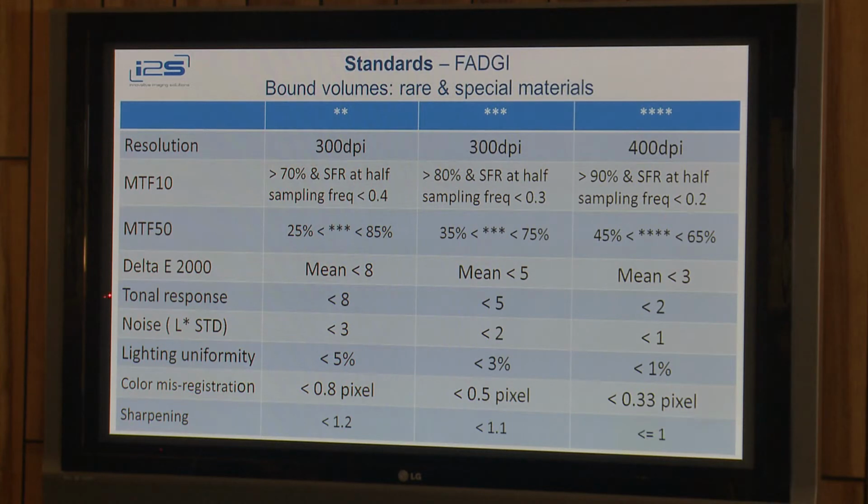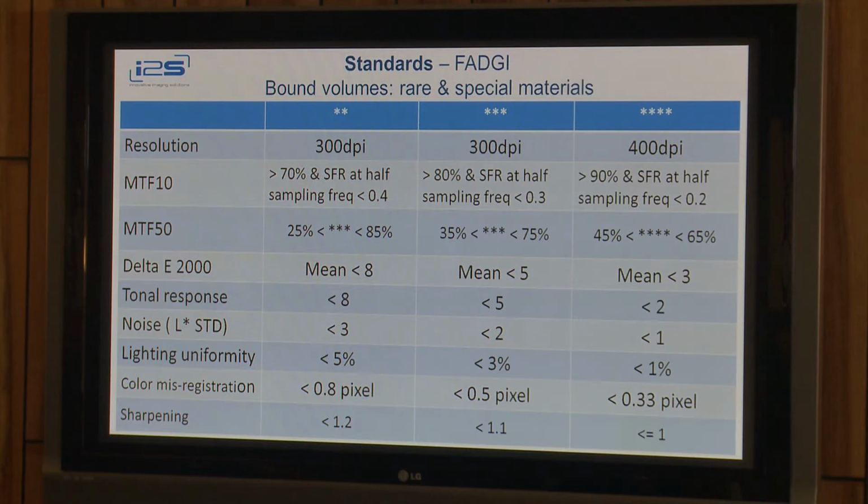The tonal response here is not in L-star, it's in RGB. So you have to be lower than 2 RGB, which is very difficult to reach for 4-star, and 5 levels for 3-star, which is about like Metamorphose. The noise here is in L-star, so you have some values. Again, Metamorphose is very close to that.